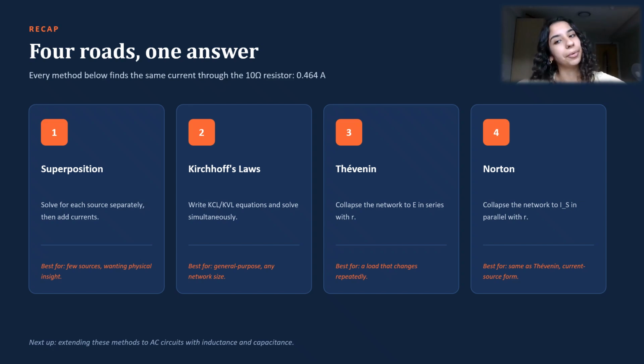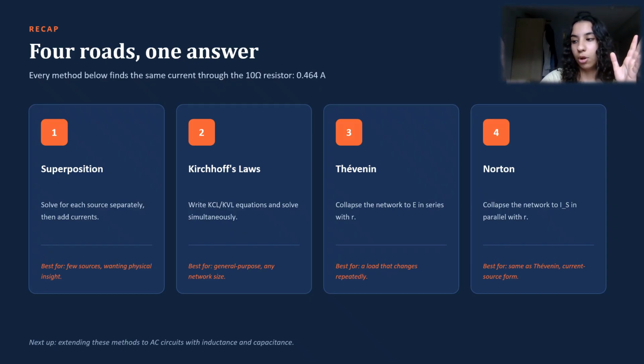So, the summary. We learned four ways to find the current in a DC circuit where you have two or more voltage sources: superposition, Kirchhoff's law, Thevenin and Norton. Now, when do we know which one to use?